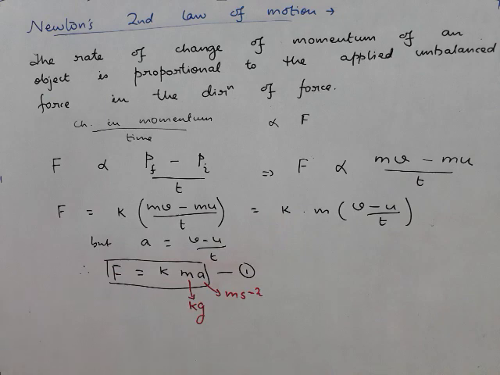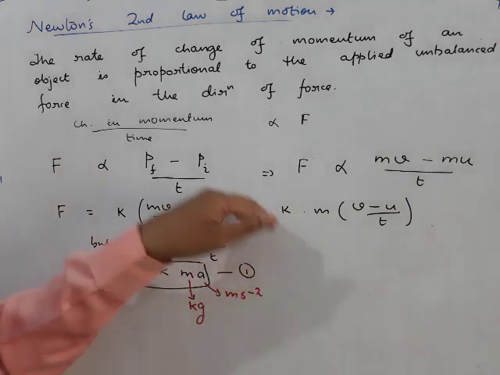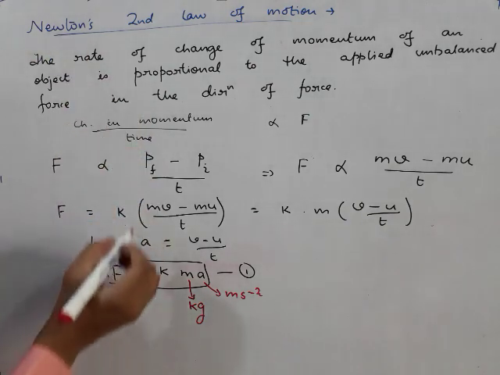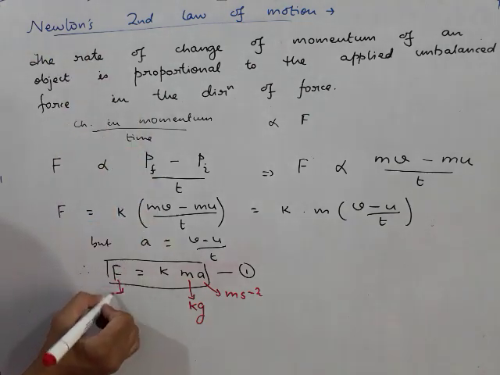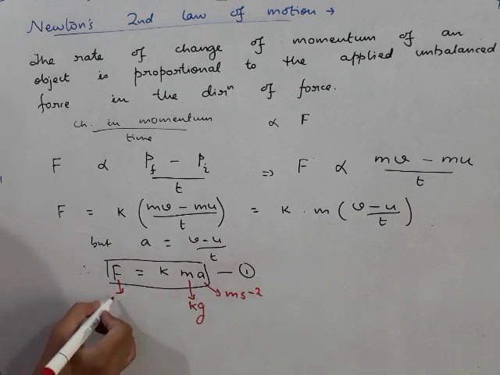It does not have any unit. See, there can be a constant which has unit. Constant does not mean it does not have unit. It is a constant and it is a unitless constant. Force SI unit will be the product of these two, kg meter per second square, that is also called as Newton.